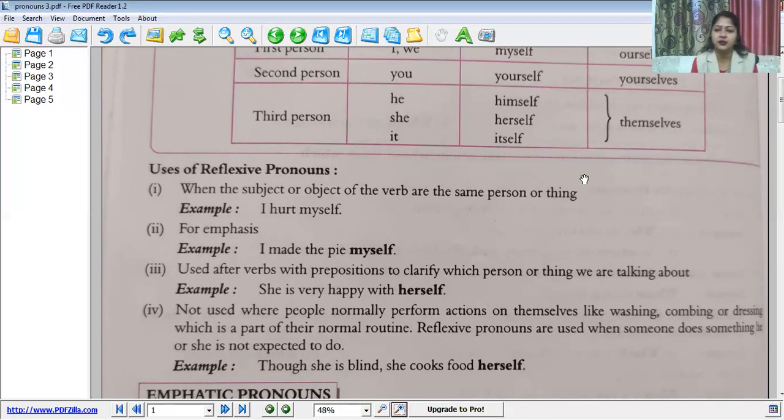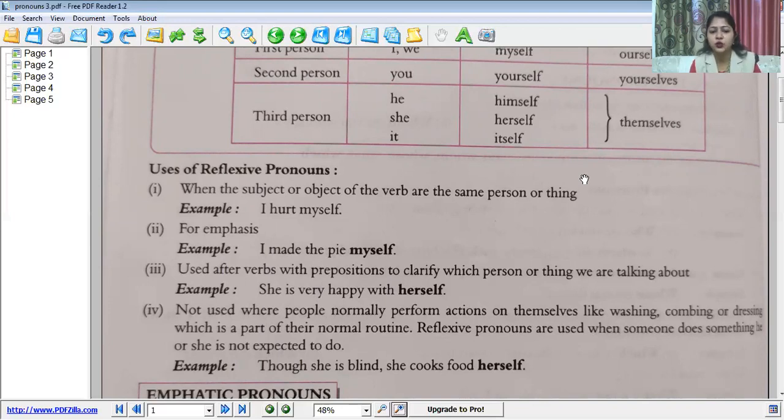I hurt myself. Secondly, for emphasizing, for putting in more emphasis, giving more importance. I made the pie myself. So this I is wanting to show his or her talent that I made it myself. Okay. Otherwise, generally somebody else makes for us.